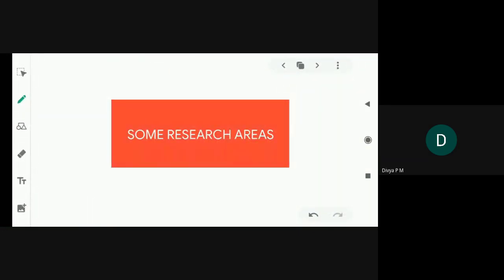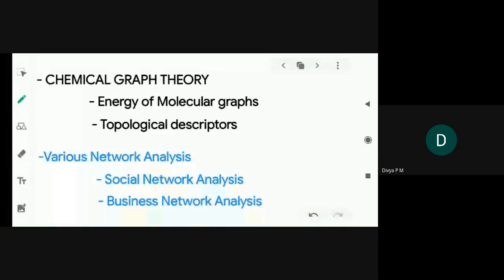Now, to stop my talk, let me move on to some research areas. Chemical graph theory, as I already told you, is an area where you will be looking at molecular graphs, and energy of a molecular graph is an active area where research is going on. And recently, when I wrote a paper to a journal, they mentioned that the results in my paper can even be applied to molecular graphs.